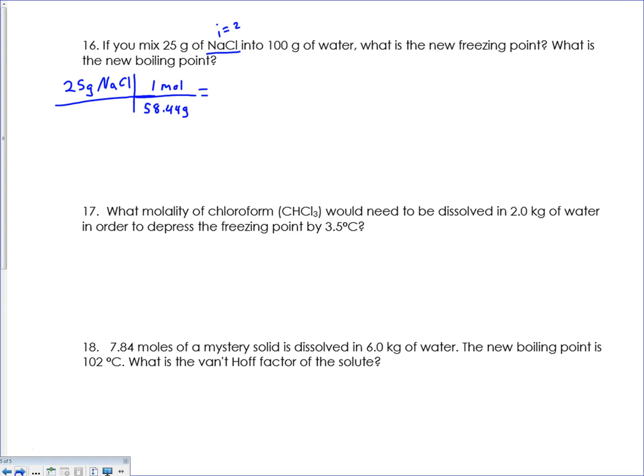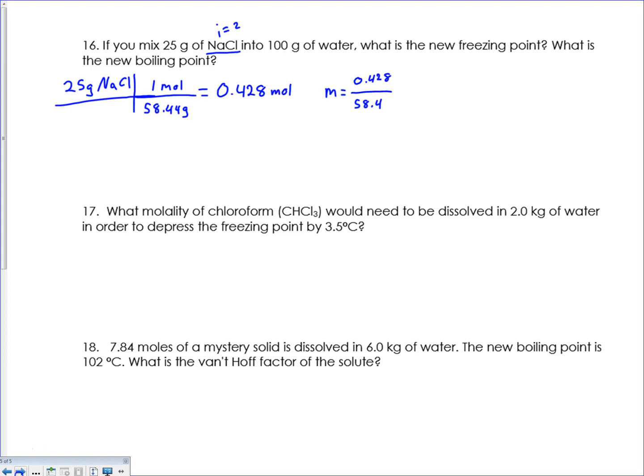You calculate that, you get 0.428 moles. Then we have to calculate the molality. Molality equals, as I said, moles of solute over the kilograms of the solvent. So that's 0.428 over 58.44.